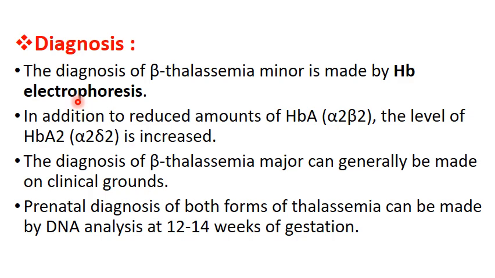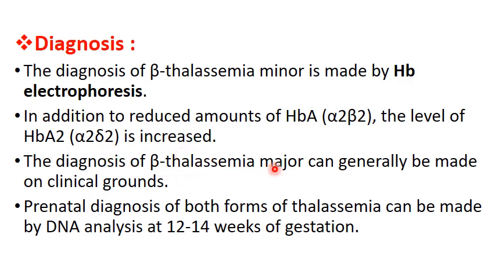The hematologist sees that he has microcytic hypochromic anemia, so advises further investigation, which is hemoglobin electrophoresis. The electrophoresis reveals that the amount of hemoglobin A, alpha 2 beta 2, is reduced, while the level of hemoglobin A2, alpha 2 delta 2, is increased.